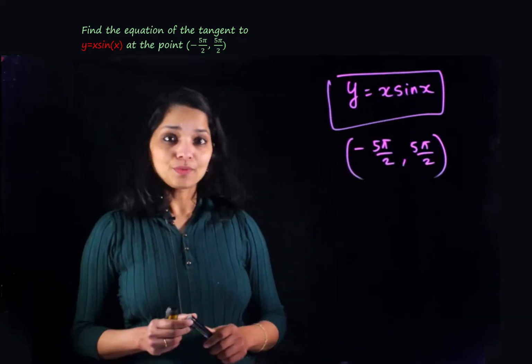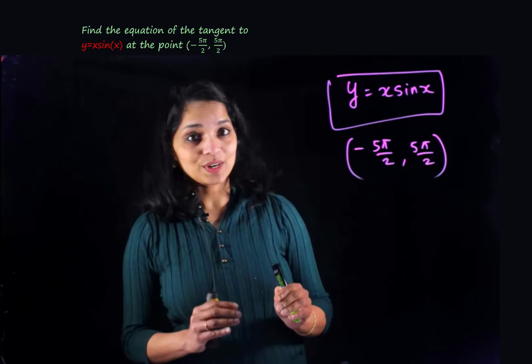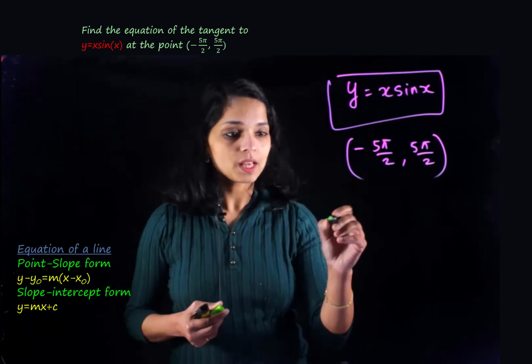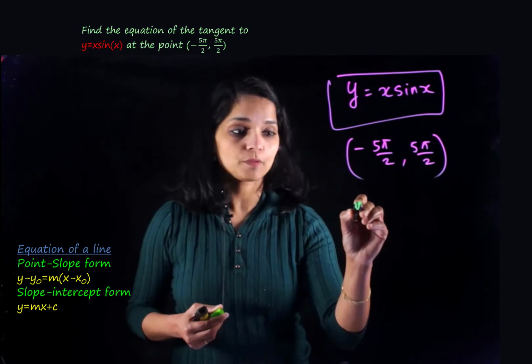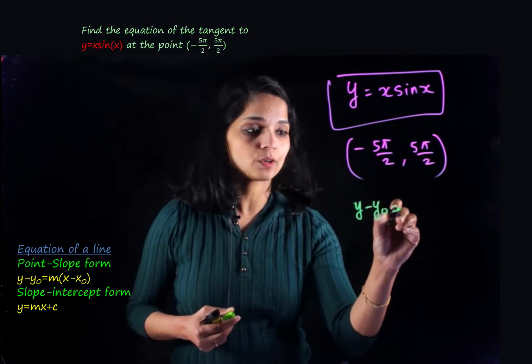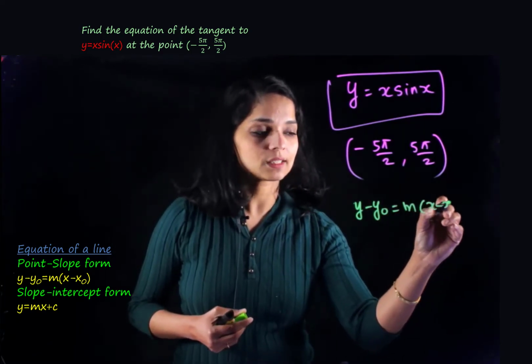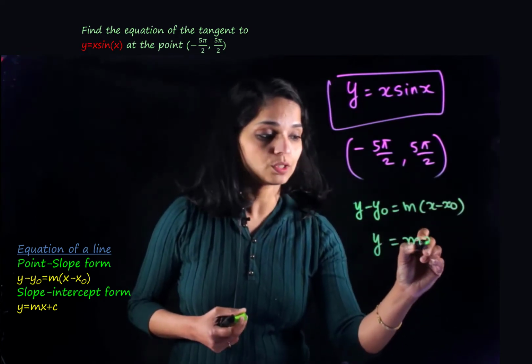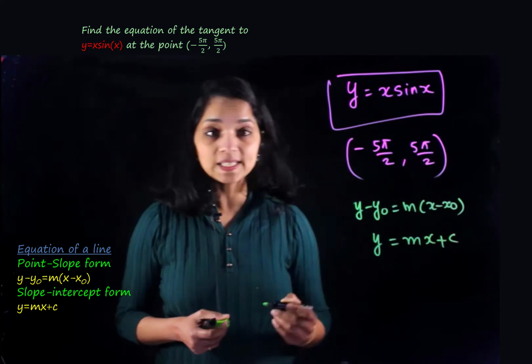First of all, we need the equation of a line. So the equation of a line has two different forms. One is the point slope form, which is y minus y0 equals m times x minus x0, or there's the slope intercept form which you can use, y equals mx plus c.